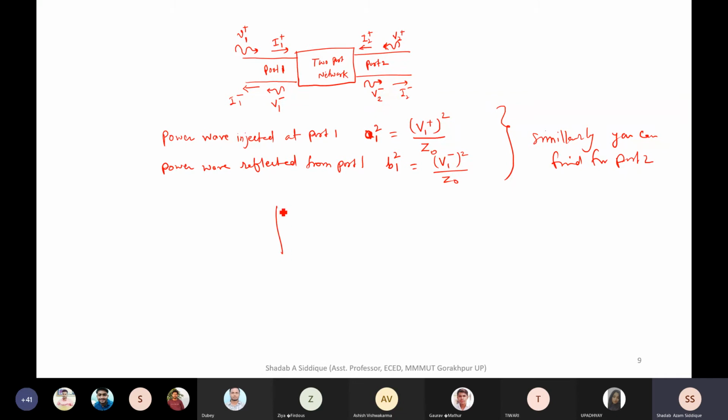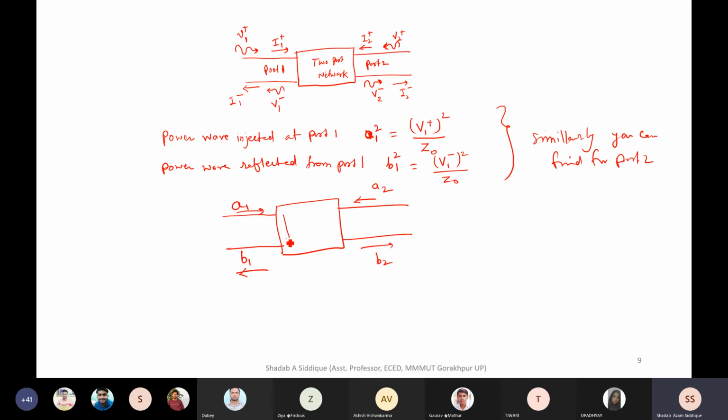So now if we consider this two-port network, the power which is coming in is A1 and reflected as B1. Incident is A1 and it goes out as B1 this side. A2 is the wave which is going inside, and similarly B2 is coming outside, the reflected wave.